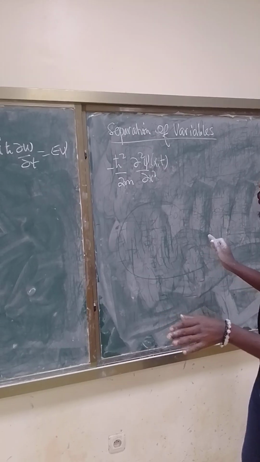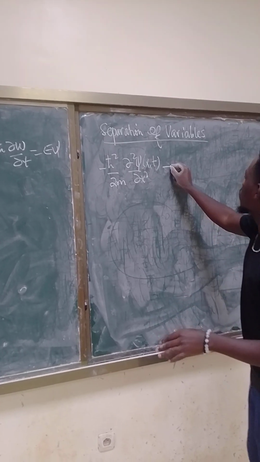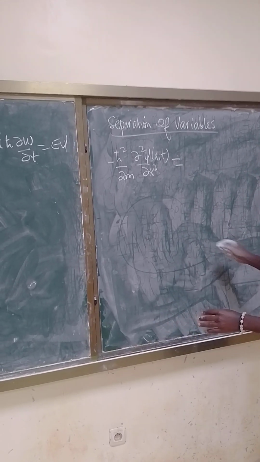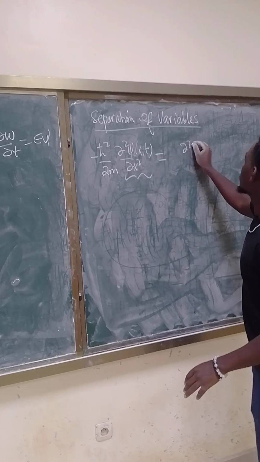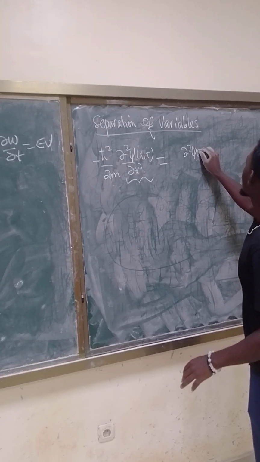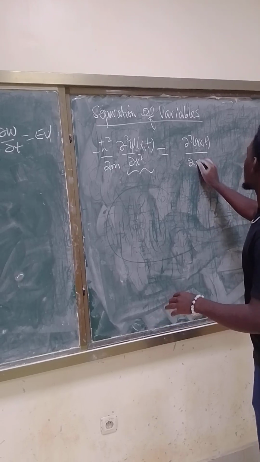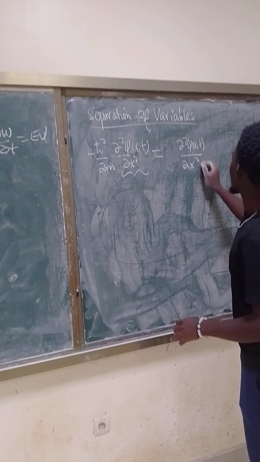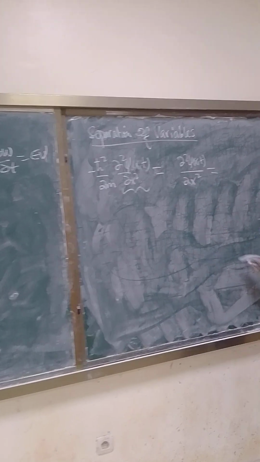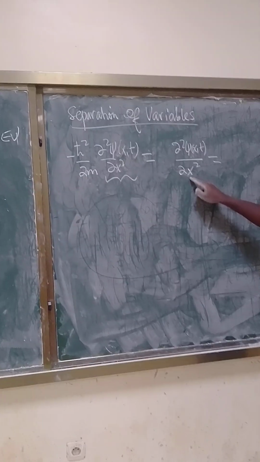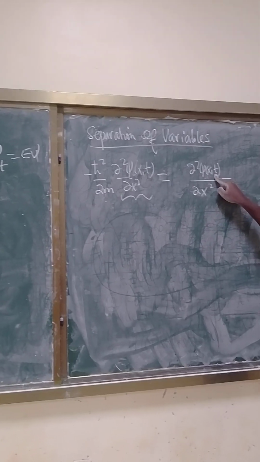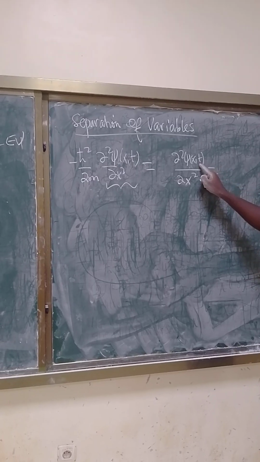Now with the separation of variables, this is equal to, let me first deal with this one. This is equal to one function, because it is with respect to x, the function with respect to time is going to be taken out.